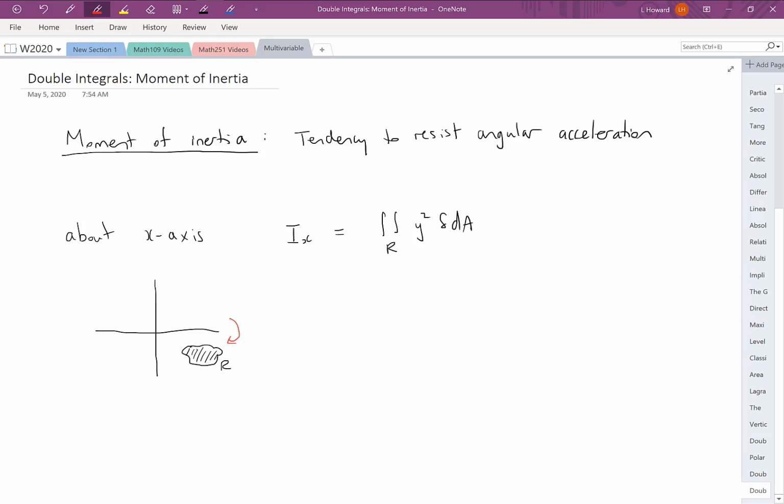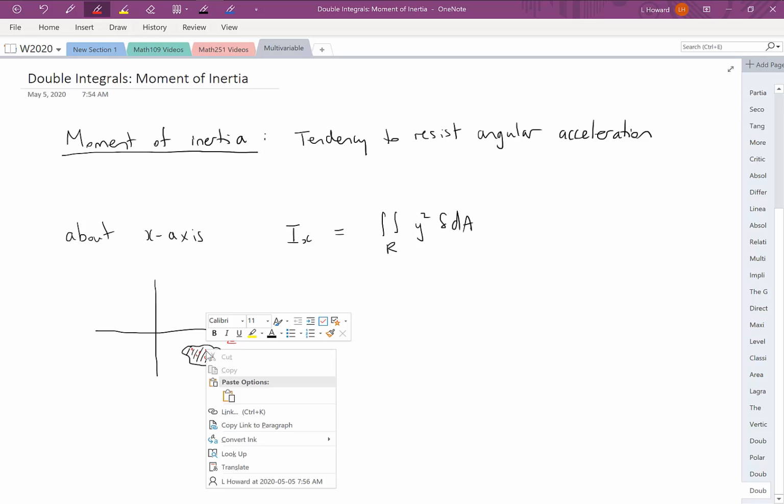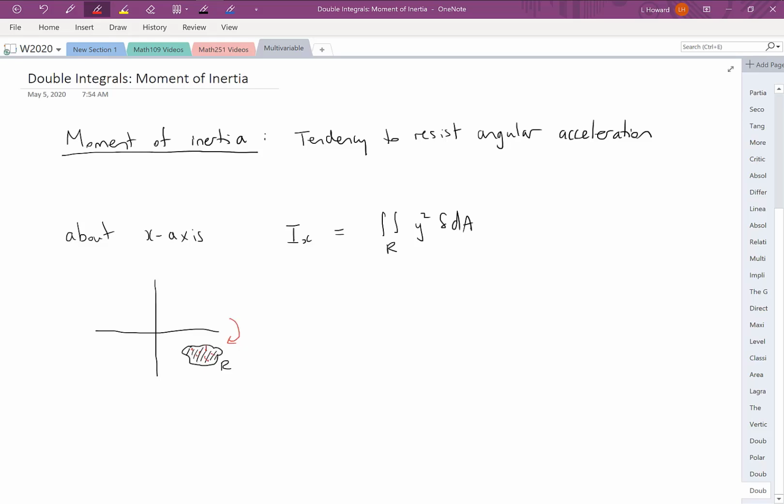So what we need to do is look at all the different points in this region, and we want to get a sense of how far away they are from the axis. So let's imagine drawing these straight lines, the shortest distance to the axis. If we're talking about distance from the x-axis, it's actually the y value that's capturing that distance.